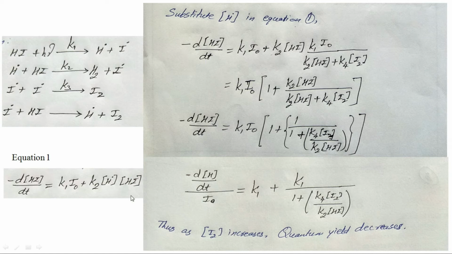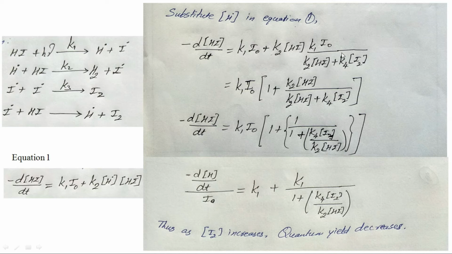After substituting hydrogen free radical in this place, we get the rate of decomposition of HI, minus d[HI]/dt, is equal to K1 I0 as it is, K2 and HI concentration as it is. In place of hydrogen free radical concentration, we substituted the earlier value.